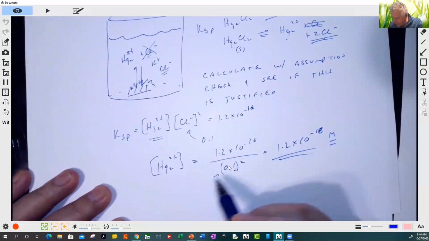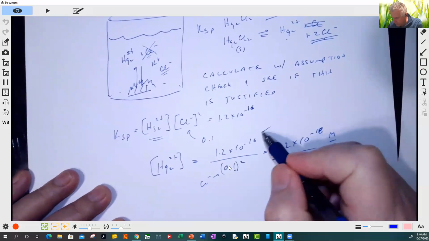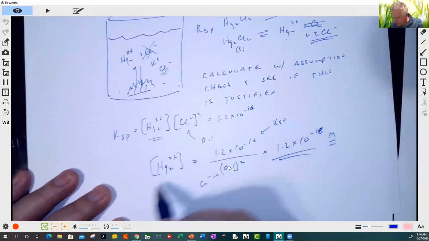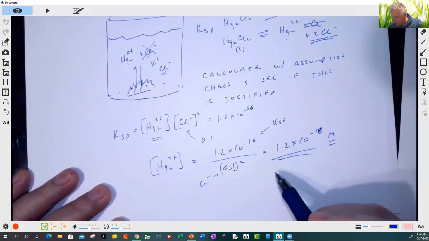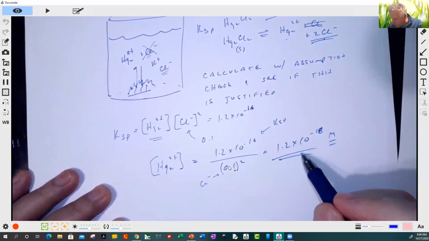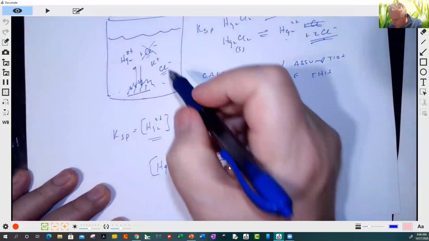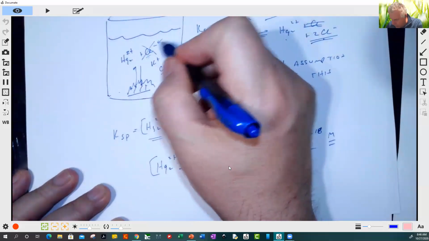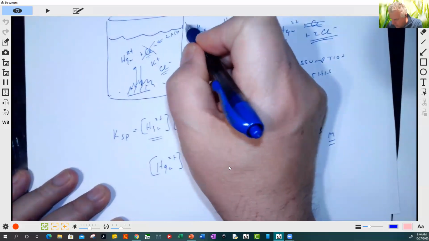So here's the chloride. Here's the Ksp. Here's the mercury ion. And so now we say, well, if 1.2 times 10 to the minus 18 molar dissolves, and the amount that's added here is 2 times 10 to the minus 18, right?